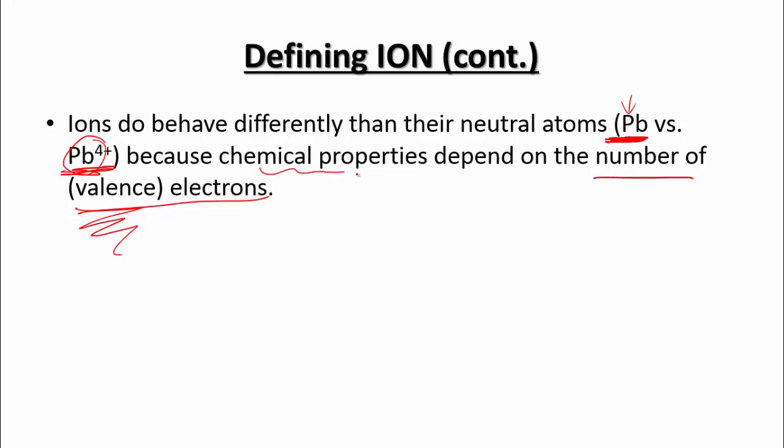So yes, chemical properties are different for those two things. And that's actually why the lead, when it's in this form, is a little more dangerous. The lead ion is not a very healthy thing. You've heard of lead paint, not a good thing there. Pure metal lead isn't quite as dangerous, if at all, because it's not in this particular form. So again, their properties are different for the ion compared to the neutral atom.